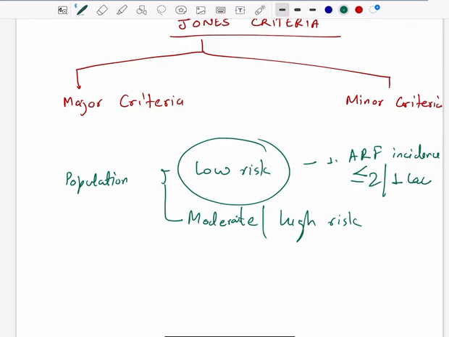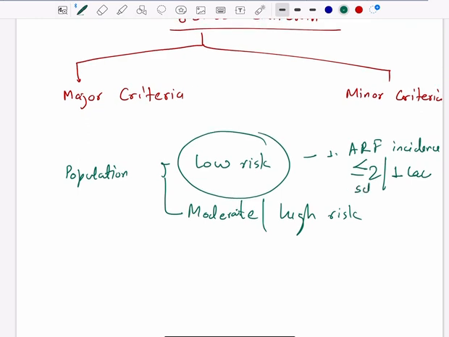First, the incidence of acute rheumatic fever in school-aged children is less than or equal to 2 per 1 lakh population. The second criterion relates to all ages: RHD frequency less than or equal to 1 per 1000 population.